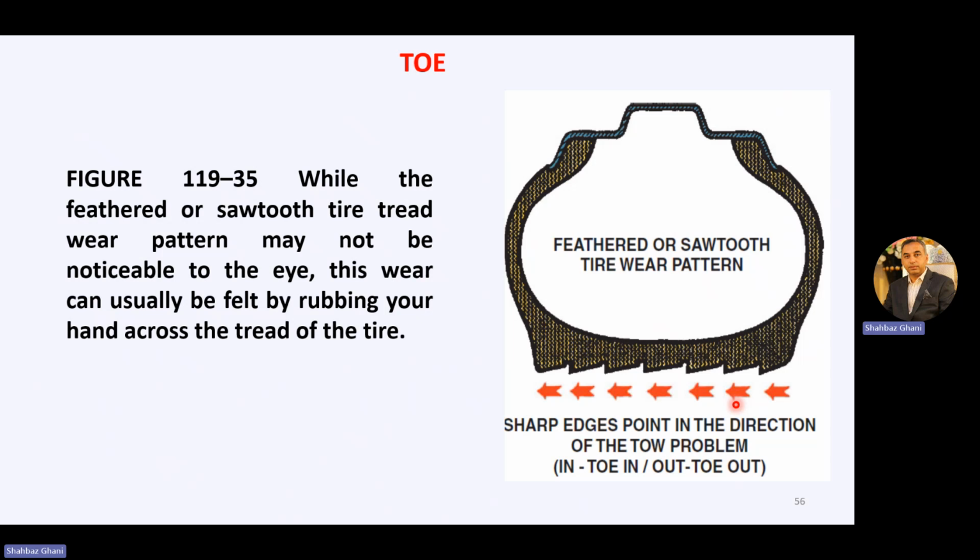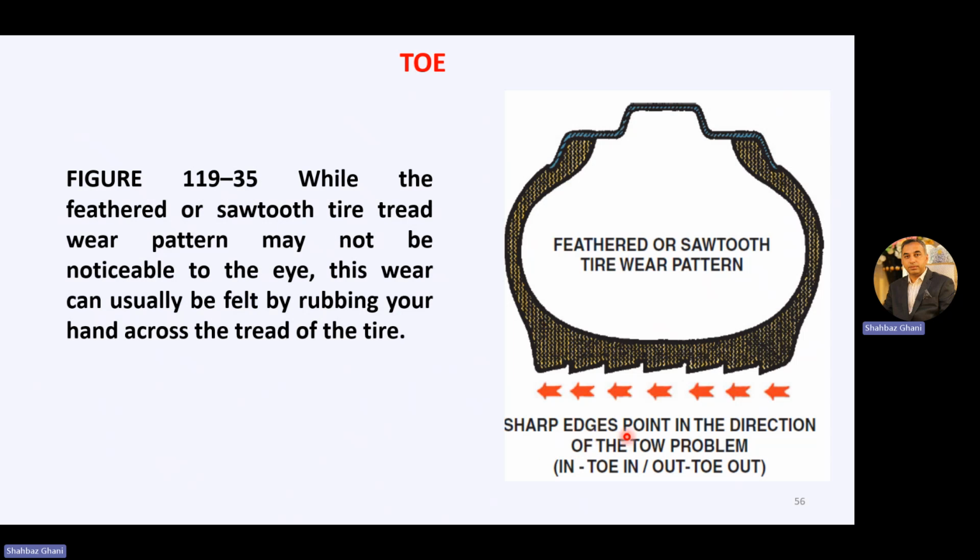So with this we come to the last slide of this part 3. Now, first I will read this. While the feathered or sawtooth tire tread wear pattern may not be noticeable to the eye, this wear can usually be felt by rubbing your hand across the tread of the tire.